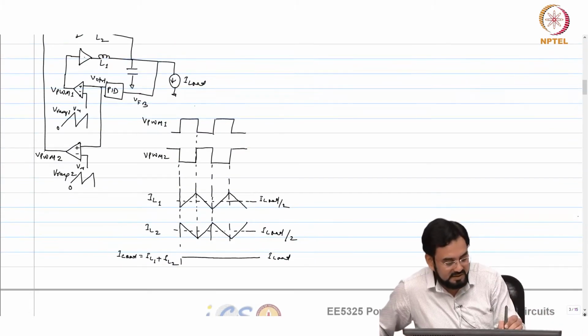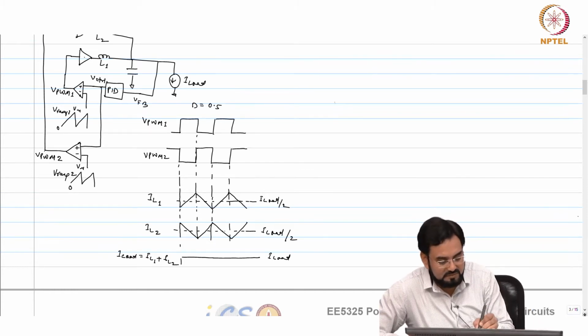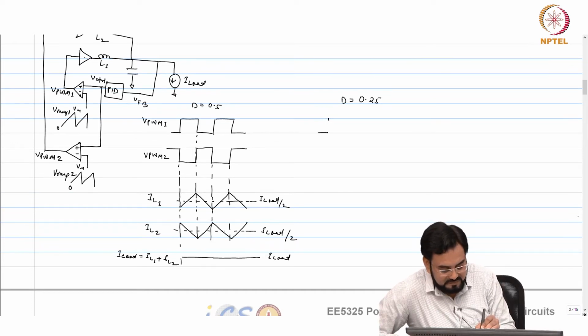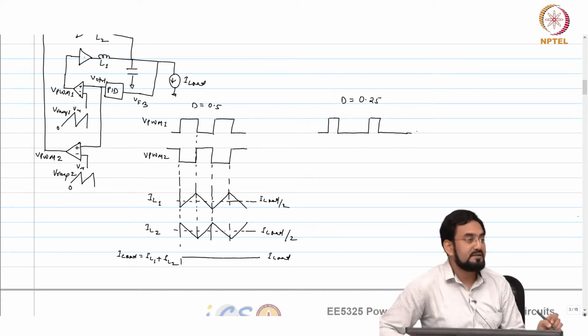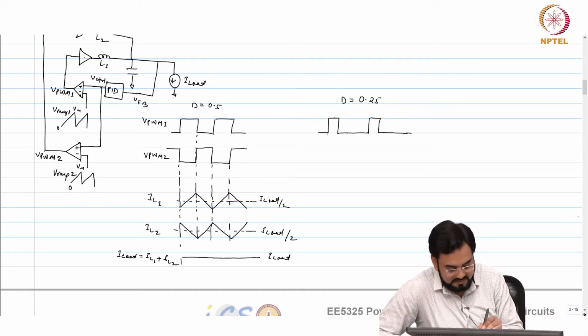So this is D equal to 0.5. Let's take another case, D equal to 0.25. So, okay, this is your half period.